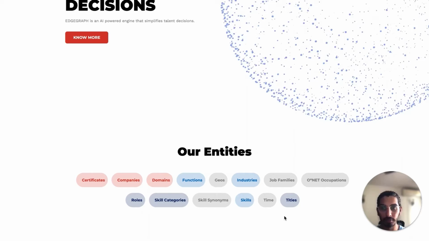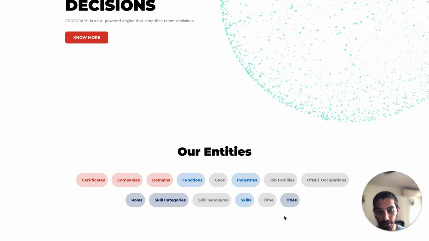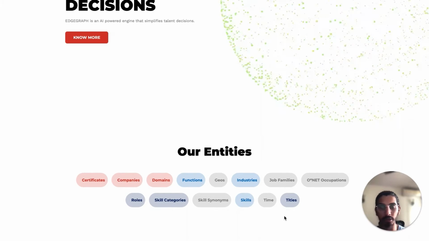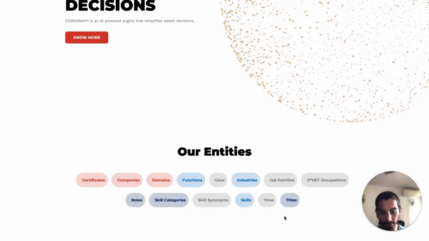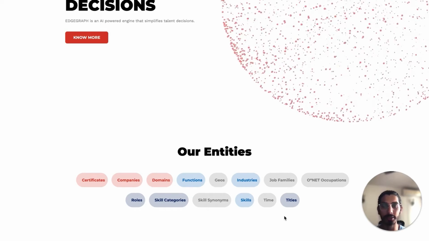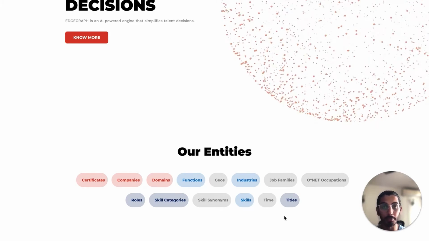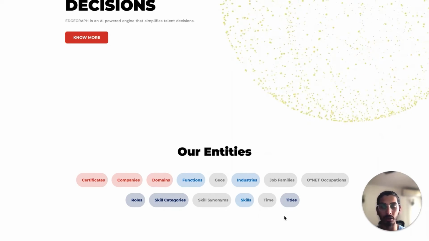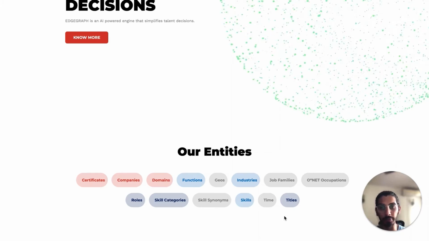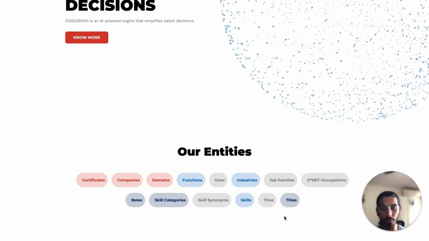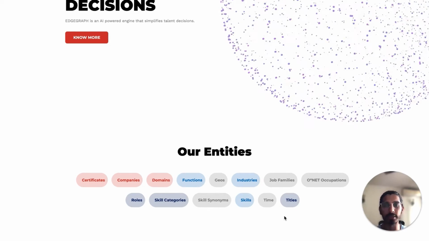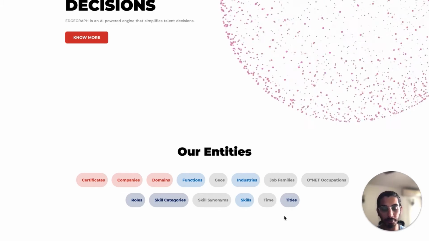We look at multiple attributes, like how a skill is connected to titles, what location, what time, and then build and learn the relationships, inferring them based on other context and patterns. The deep learning architecture we have put in place helps us understand and acquire this and build these relationships about the entities.